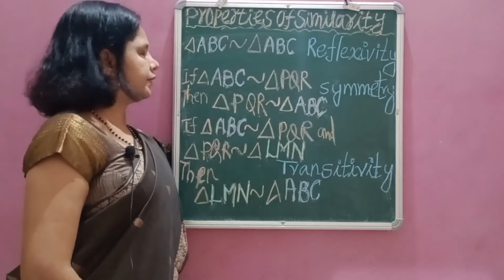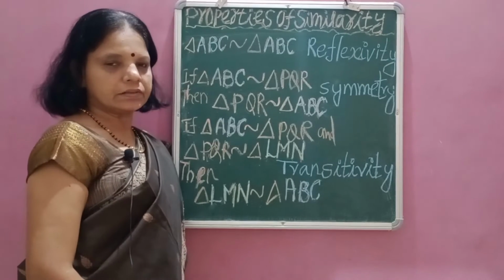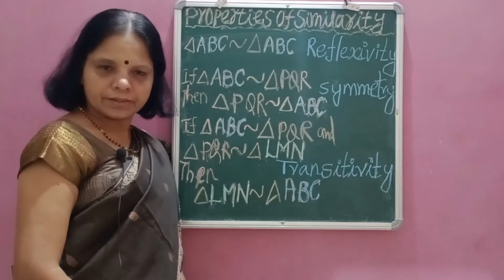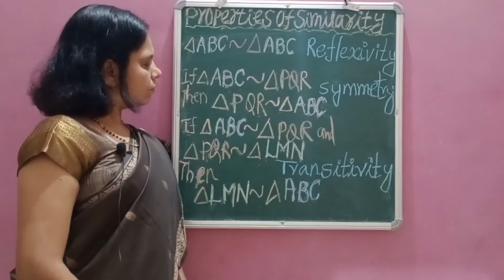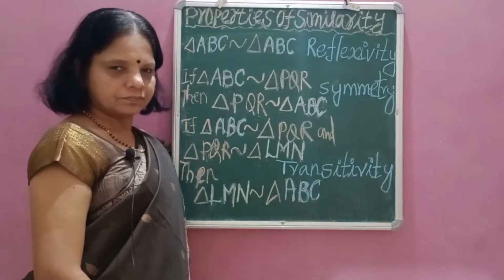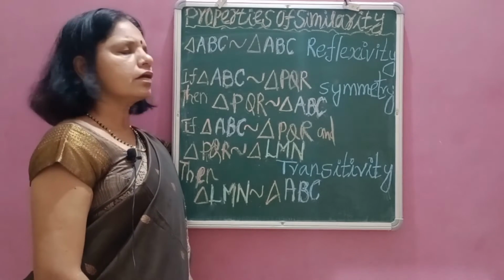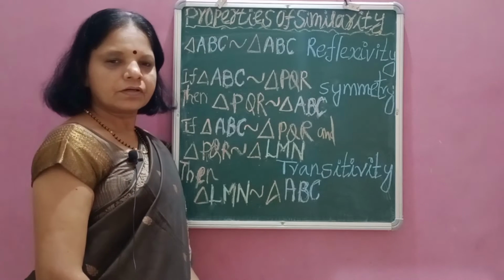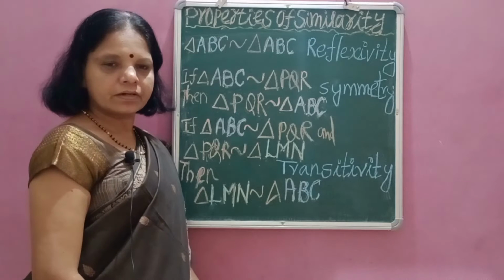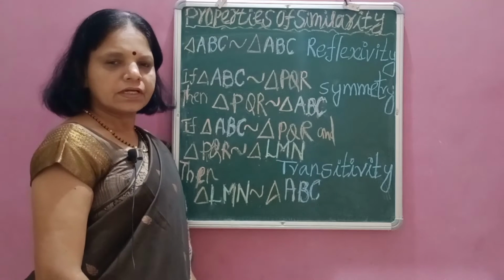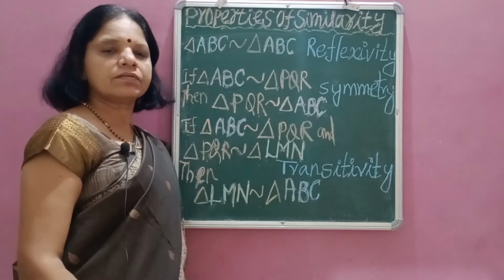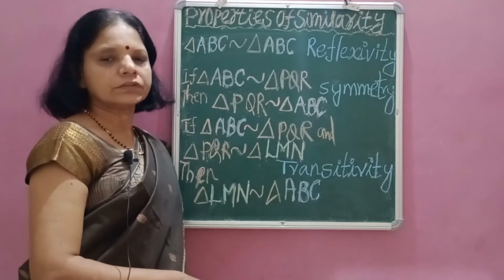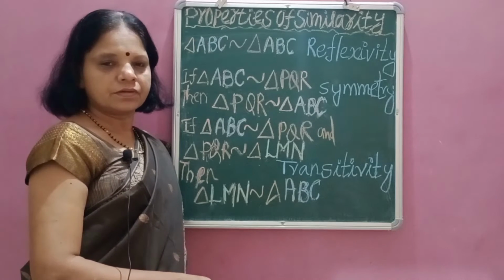Now the second property, there are two triangles. Triangle ABC is similar to triangle PQR. If it is like that, then triangle PQR is similar to triangle ABC. What does it mean? How many triangles are here? Two triangles. If a triangle is similar to a second, then the second triangle is similar to the first.